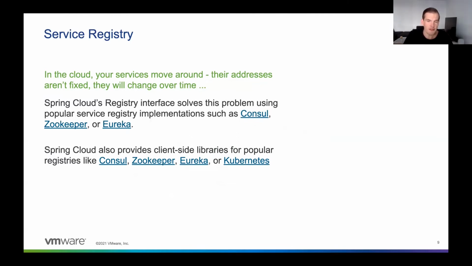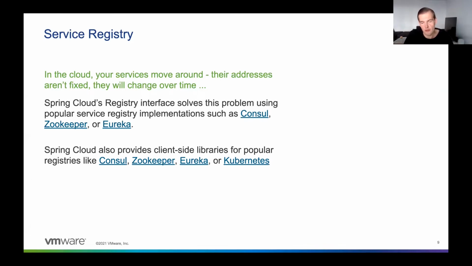And Spring Cloud's registry interface solves this problem using popular service registry implementations such as, for example, HashiCorp Consul, Zookeeper, or Eureka, which we'll use in this example here. It also provides client-side libraries for the mentioned service registry implementations plus Kubernetes.